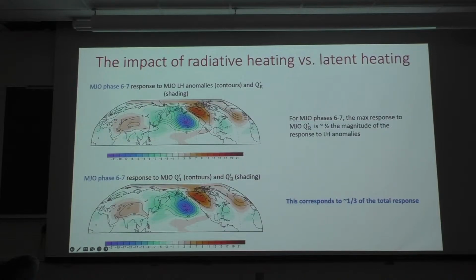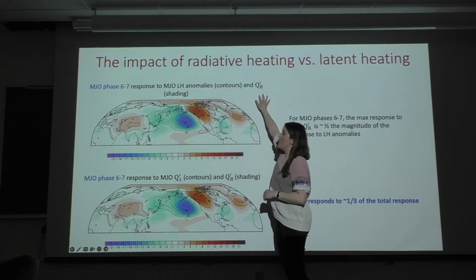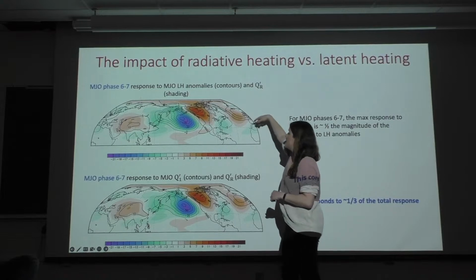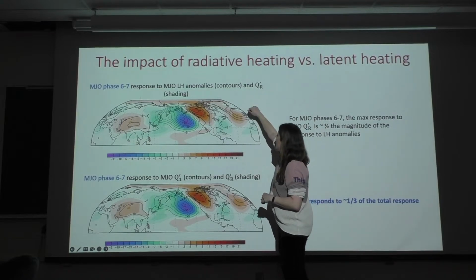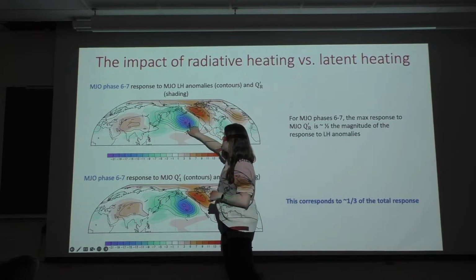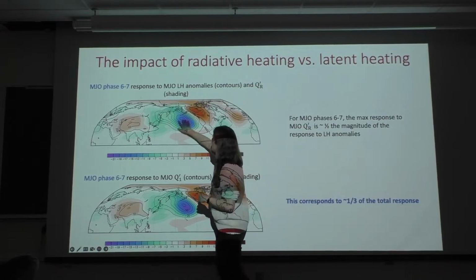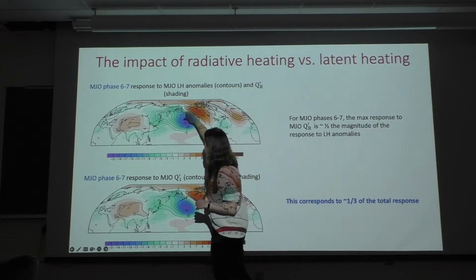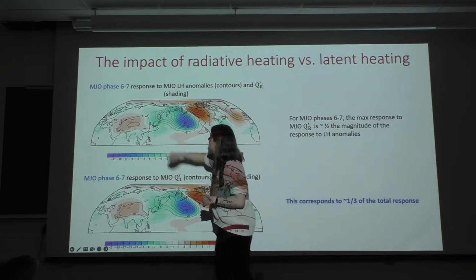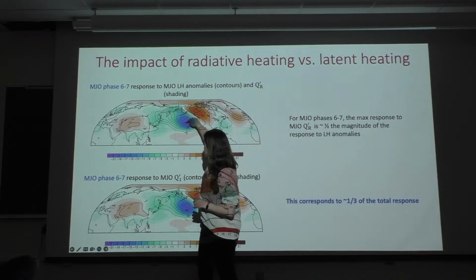Yes, we do. So this is for MJO phases 6 and 7. So here at the top, you can see, again, the QR will always be in shading for these experiments. And the latent heating response is in the contour, so you can see that minus 40 is our maximum of the cyclonic anomaly here, versus minus 21.